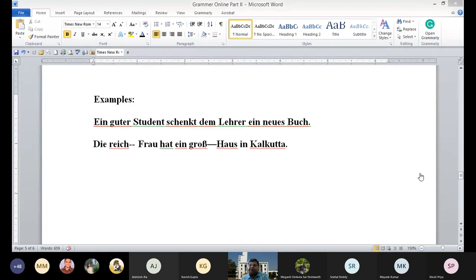Harshvardhan, are you there? So only 57 have logged in and others have not. Ayush Pandit?